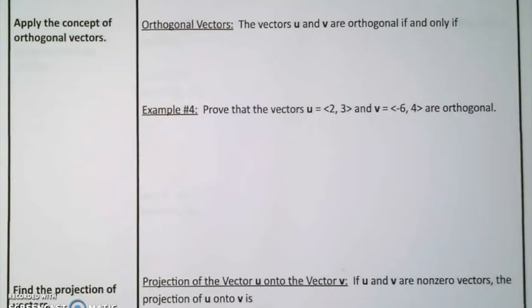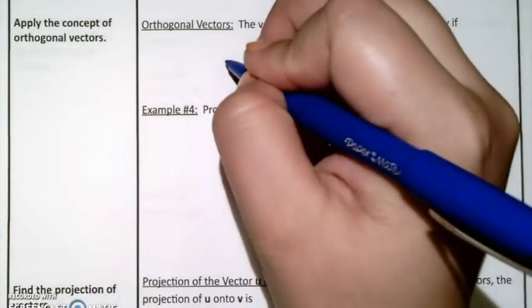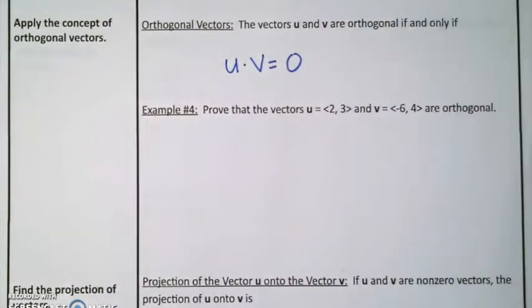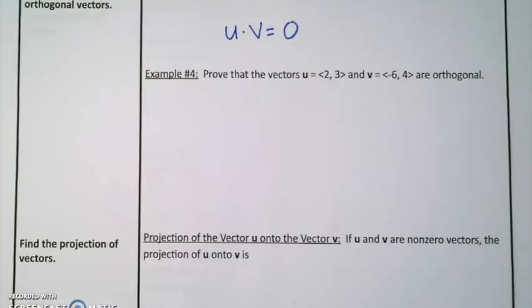All right, on the next page, we're talking about orthogonal vectors, and those are vectors u and v, and they are orthogonal if and only if their dot product is 0. So u dot v equals 0. Let's apply this to example 4.